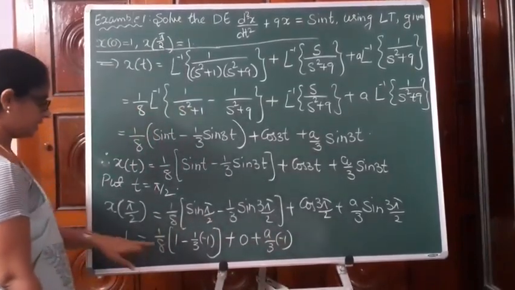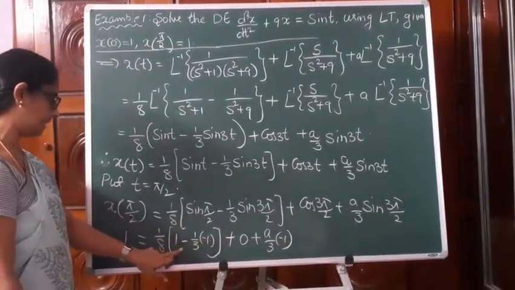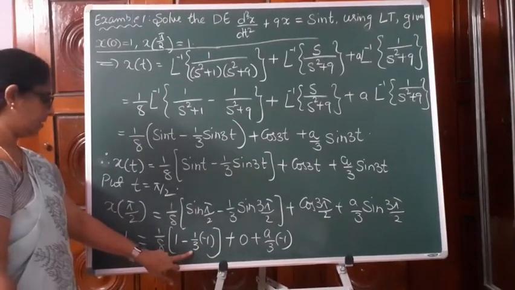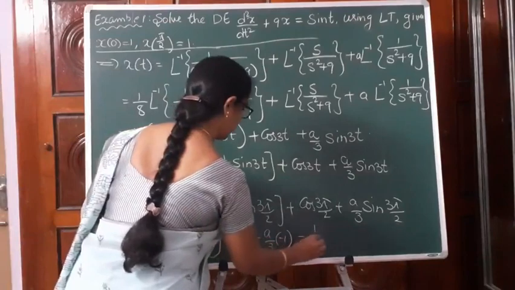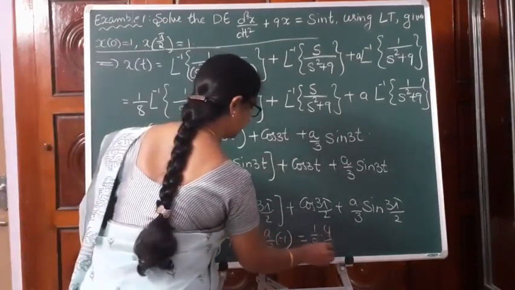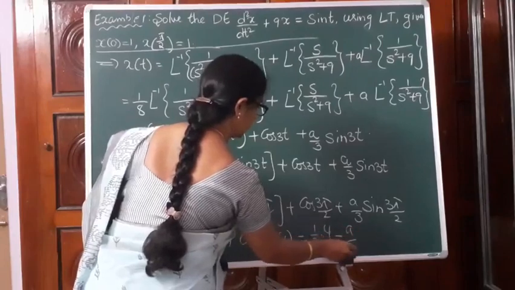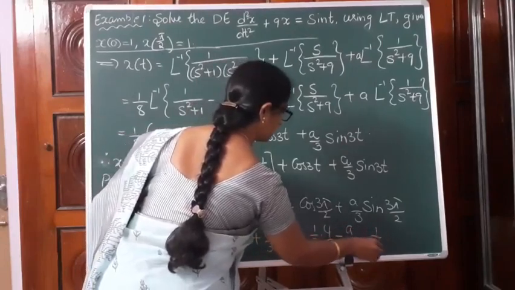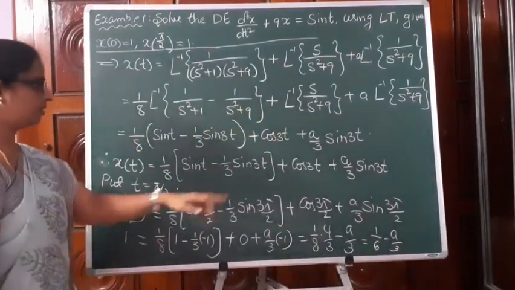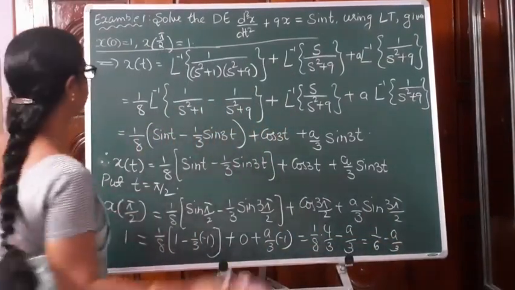So what did we get here? This is 1 plus 1 by 3, and 1 plus 1 by 3 is 4 by 3. So this is equal to 1 by 8 into 4 by 3 minus a by 3, that is 1 by 6 minus a by 3. 1 is equal to 1 by 6 minus a by 3.